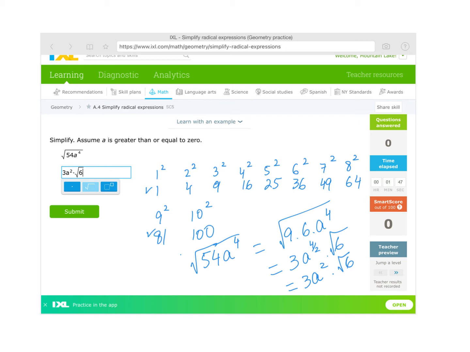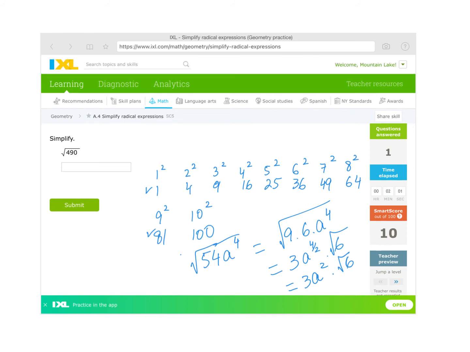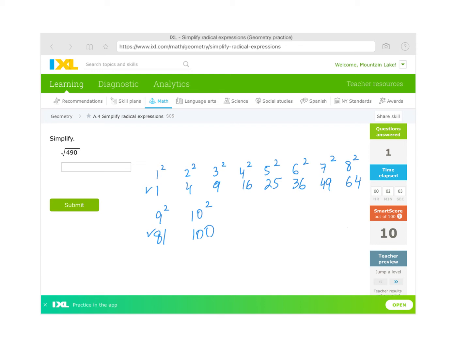So just be careful with how you're presenting your answer. So that works. Now let's take this case where we've got to find the square root of 490. This should be fairly easy. We can write 49 times 10. The square root of 49 is 7, and the square root of 10 is square root 10. So let's plug that in.